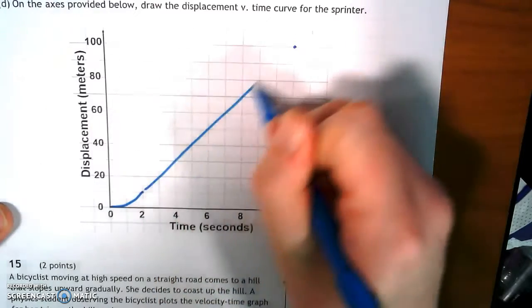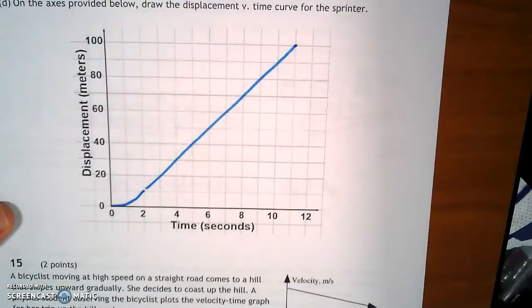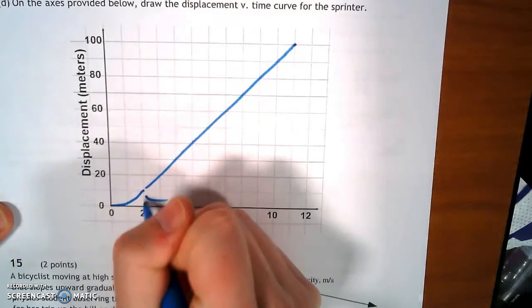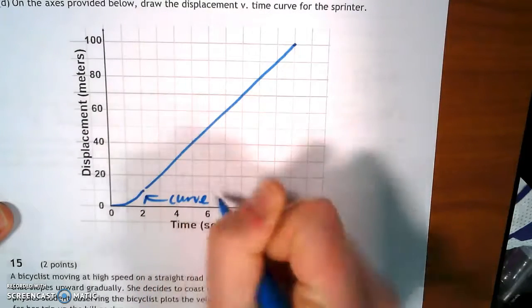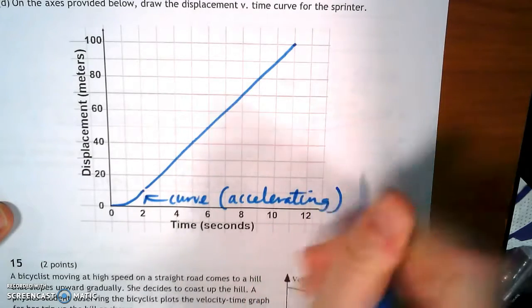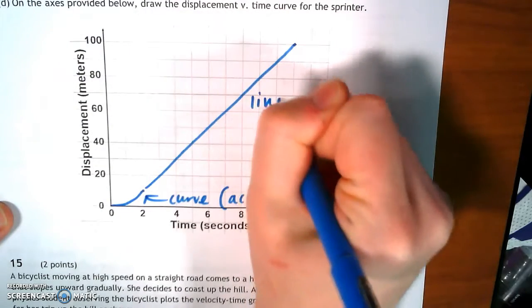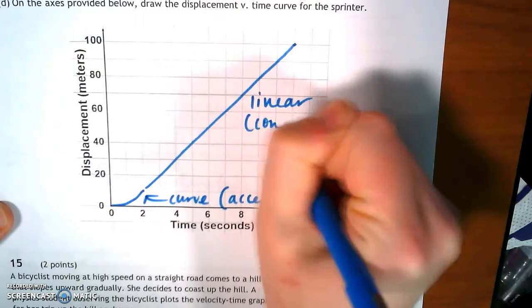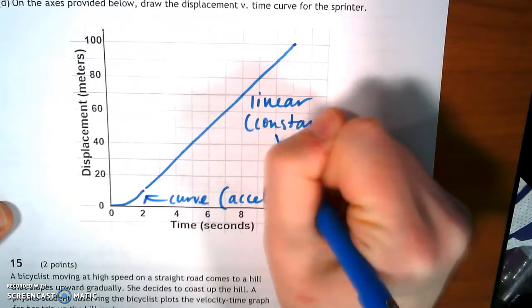So there's the rest of my line. So I have a little bit of a curve down here where I'm accelerating. And then while I'm running at a constant speed, it should be linear because that's a constant velocity.